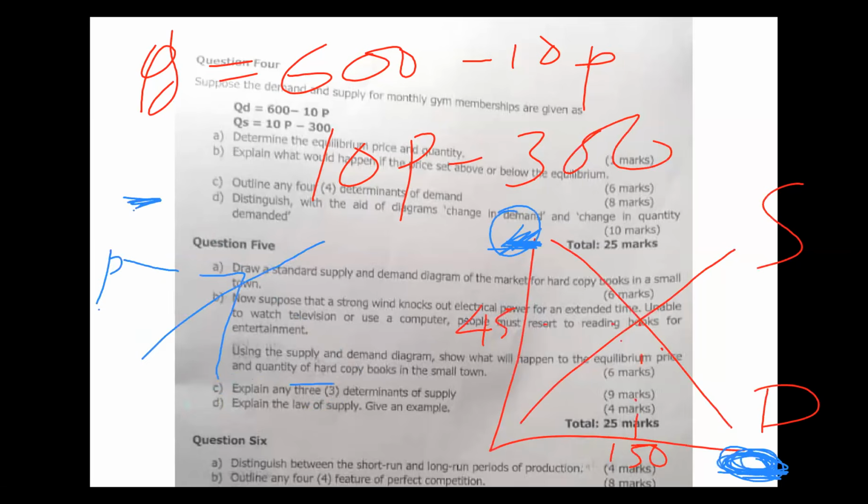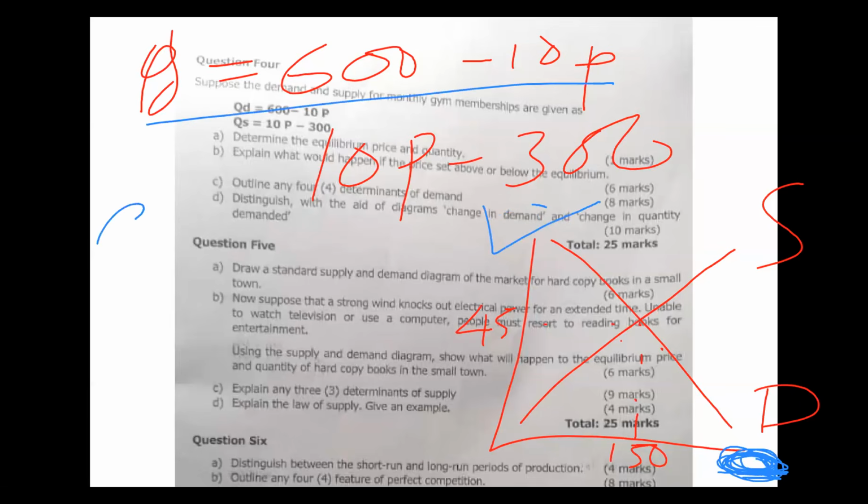So how would you do this, since these are intercepts? You get the demand equation. You want to find the number that is here on price. So you get the demand curve, which says quantity equals 600 minus 10p.